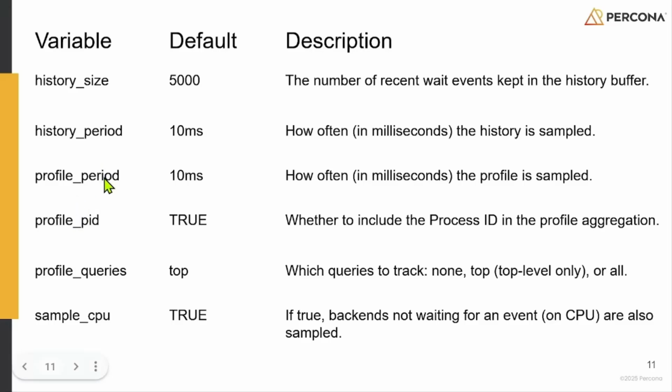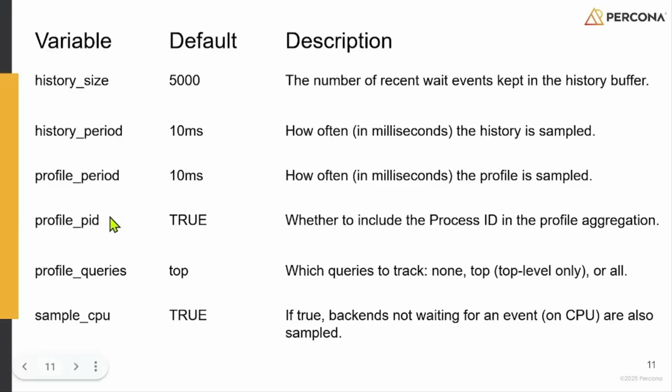If the same wait event is detected while sampling, the wait events will be incremented in the profile hash table, and the history will be overwritten. Say by default 5000 is kept, and after that it will be overwritten. But when it comes to the profile, unless you decide to reset it, it will be incremented. The wait events will be continuously incremented.